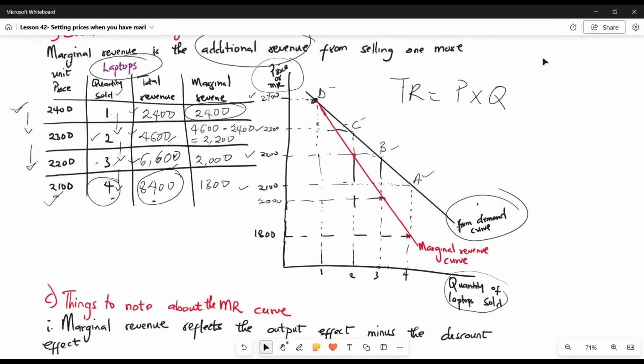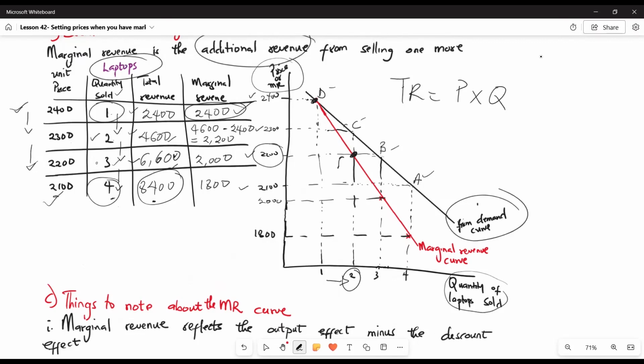So we see that when the quantity sold is 1, our marginal revenue is 2,400. So this coincides with point D. Now, when we sell two units, the marginal revenue for this additional unit is 2,200. So we have this marginal revenue corresponding with this quantity.